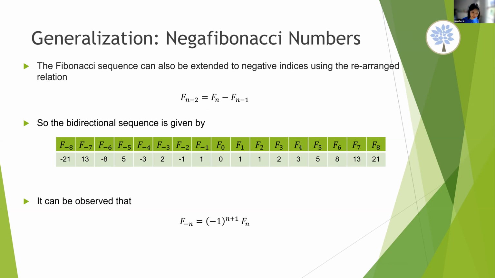So the bidirectional sequence is given here, which extends in both directions onward. It can be observed that F negative n is equal to negative 1 to the power of n plus 1 times Fn. See how it works for ourselves for a while.